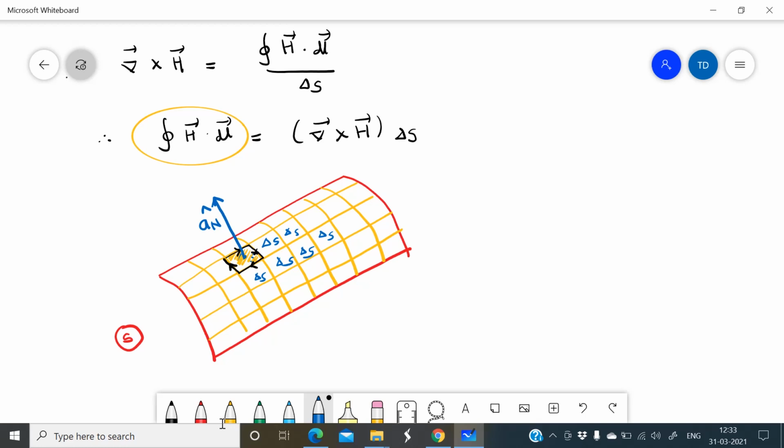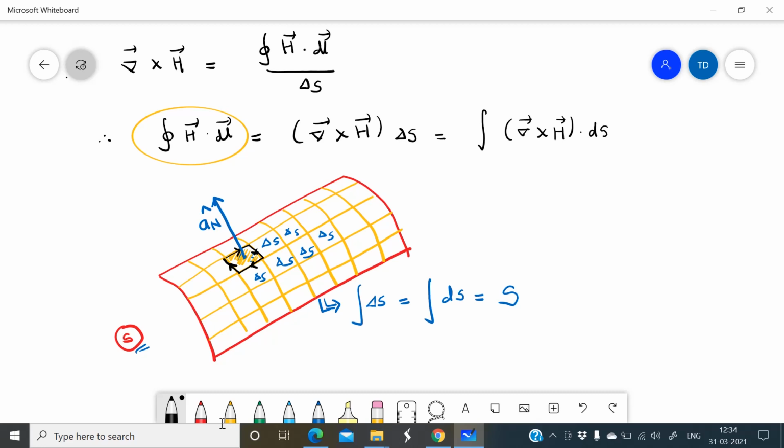If I combine all these small surfaces, I take the integration of delta S, or the integration of ds, which gives my total surface area S. So I write the integration of del cross H dot ds, as a vector, because surface is also a vector quantity.